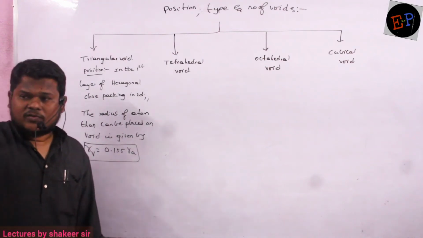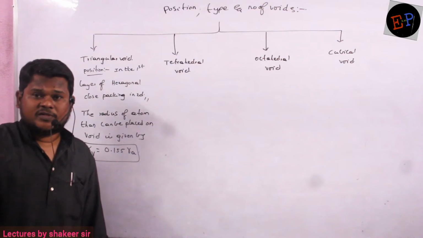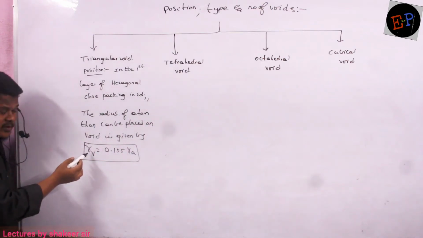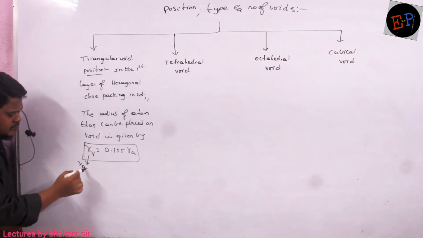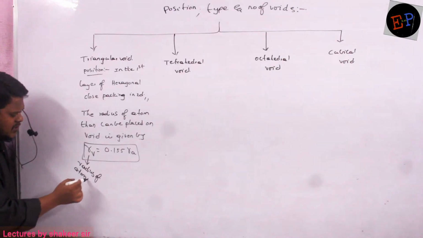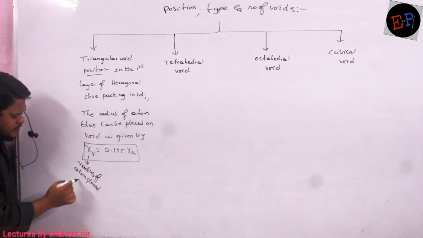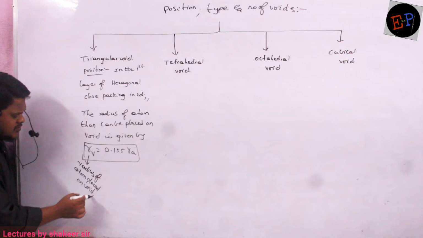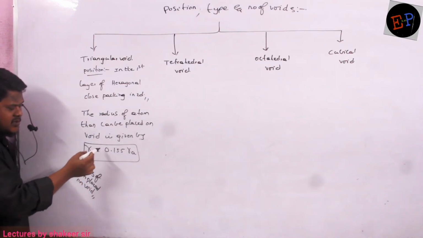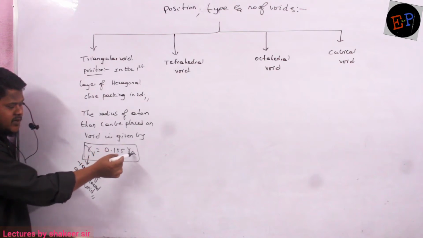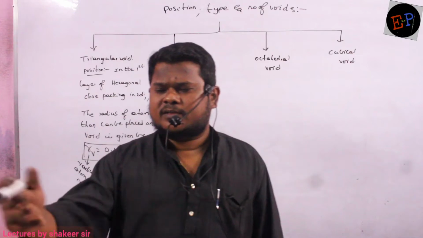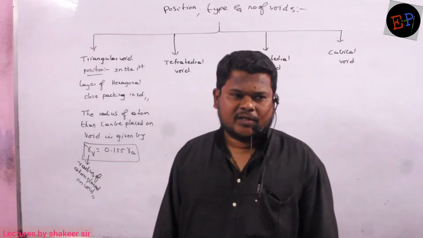If I want to close that void, which void, ma? Triangular void. Then RV means what? Radius of the atom placed on the void. What is the radius of the atom that should be placed on the void to close that void? And it is equal to how much? 0.155 times the radius of the atom. What is meant by radius of the atom? The original atoms by which this void was created. Are you able to understand, ma?